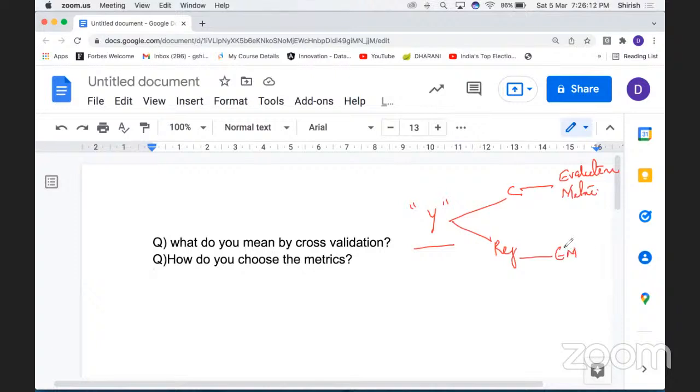Different algorithms here, right? So when I talk about regression, what are the things I can go with? I can go for mean absolute error, mean absolute percentage error, root mean square error, or mean square error.